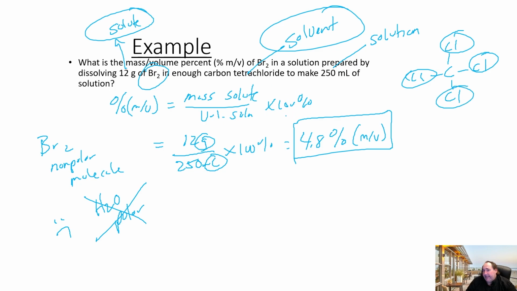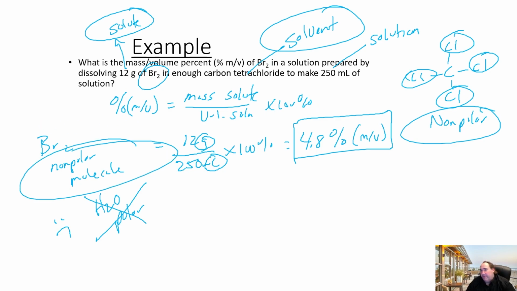Once again, that means this is a non-polar molecule, which means when I take carbon tetrachloride and Br2, which are both non-polar, they're both going to be using dispersion forces. So unlike with water, we'll get a happy face on this one. It's going to work because like dissolves like. So they will both be using dispersion forces and no problem in this situation.